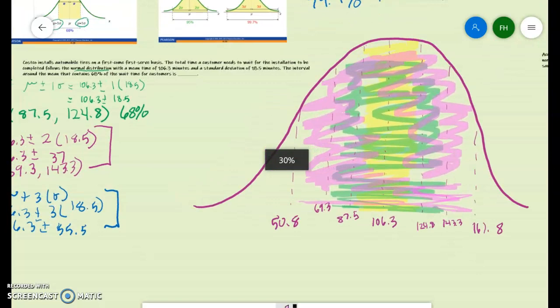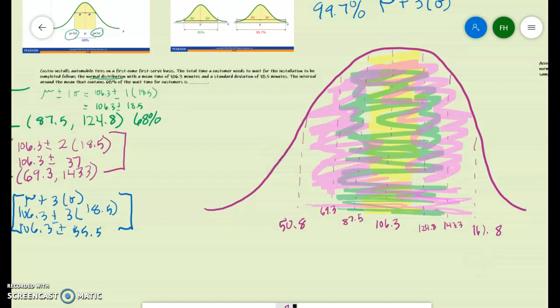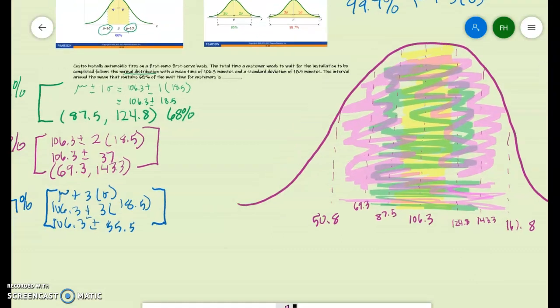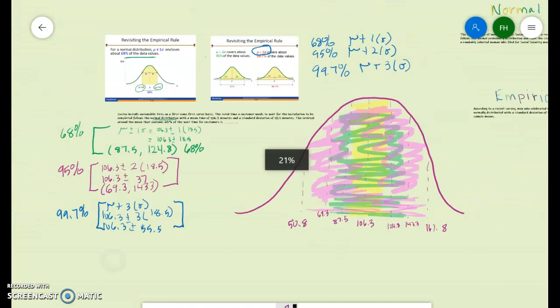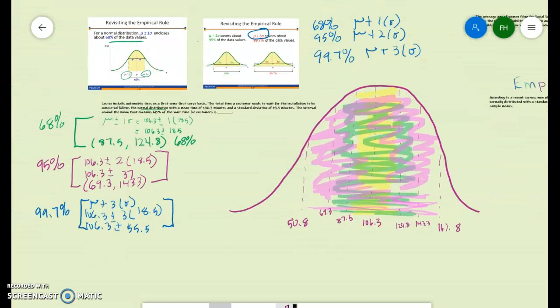And this is for first come, first served basis. They're changing your tires. So this is not by appointment here, which is important to understand if this is your business.